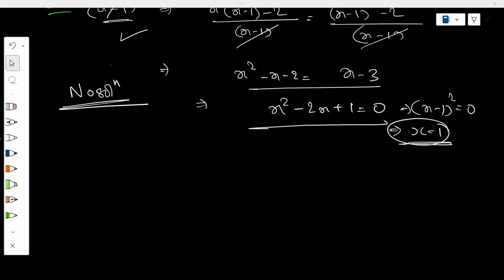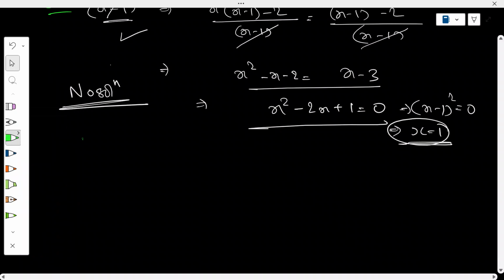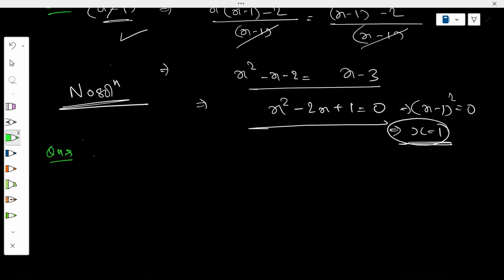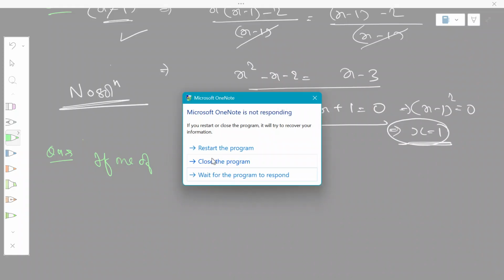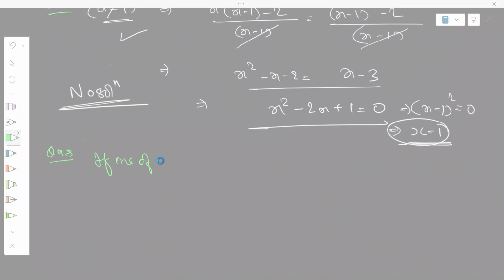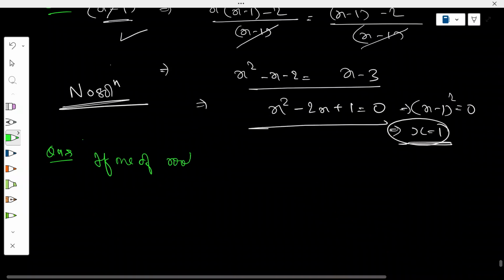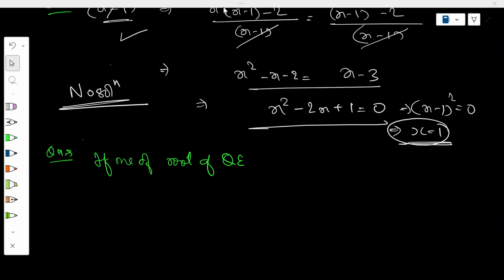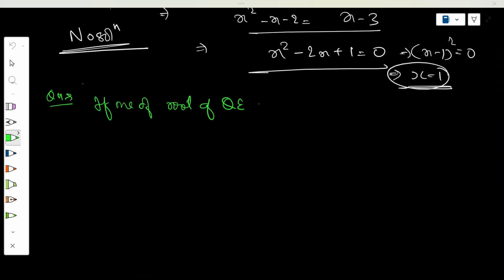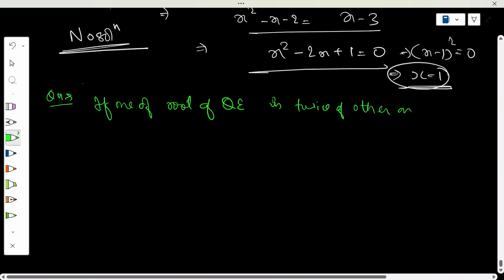Now moving on to the next question, question number 4. It is given that if one of the roots of the quadratic equation is twice the other one, then which of the following is true?